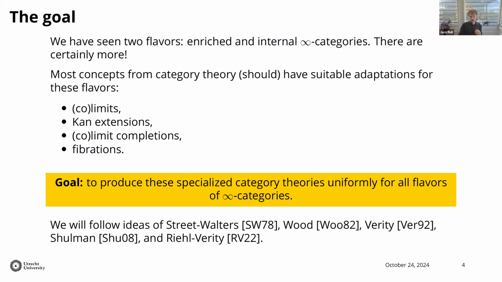So I would like to mention Street and Walters, Wood, Verity, Schumann, and also the work of Emily Riehl and Dominic Verity on infinity cosmoses has been very inspiring for this project. And like I said in the introduction, we are really going to give an infinity categorical version of pro-arrow equipment to deal with this problem.